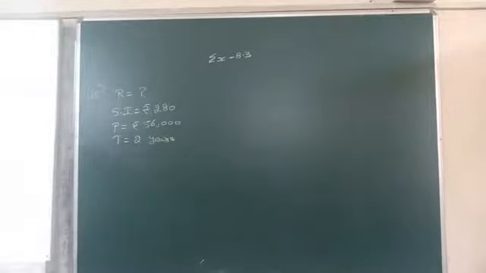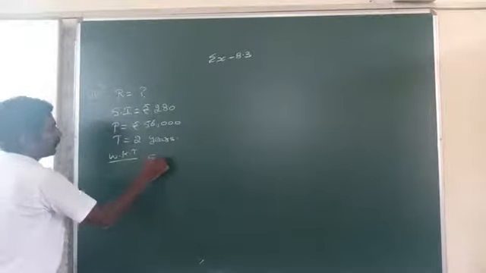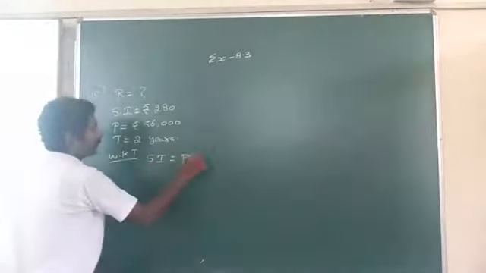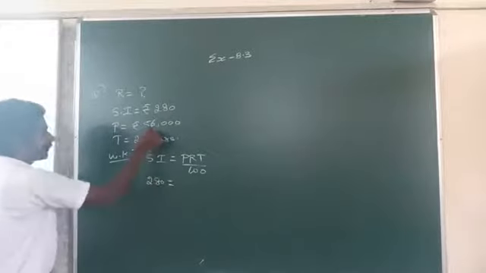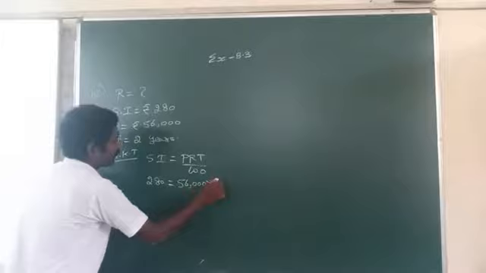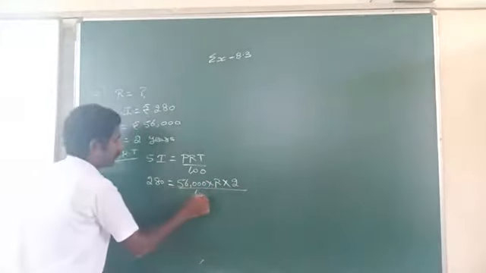Am I right here? So we know that simple interest is equal to PRT by 100. What is the simple interest here? 280. What is the principal amount here? 56,000. Rate of interest we don't know. Time period is given, 2 years, by 100. Now simplify.